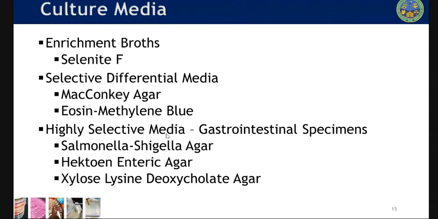Now, another is your xylose lysine deoxycholate agar. So these three may be highly selective for a particular genus of organism. These two organisms being your two true enteric organisms, Salmonella and Shigella. Well, to include your Yersinia enterocolitica.